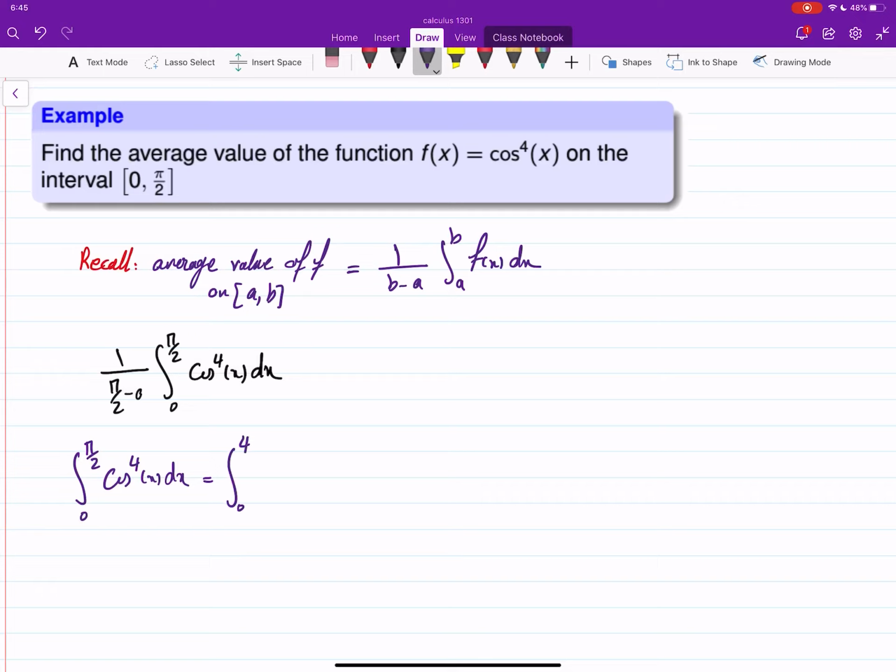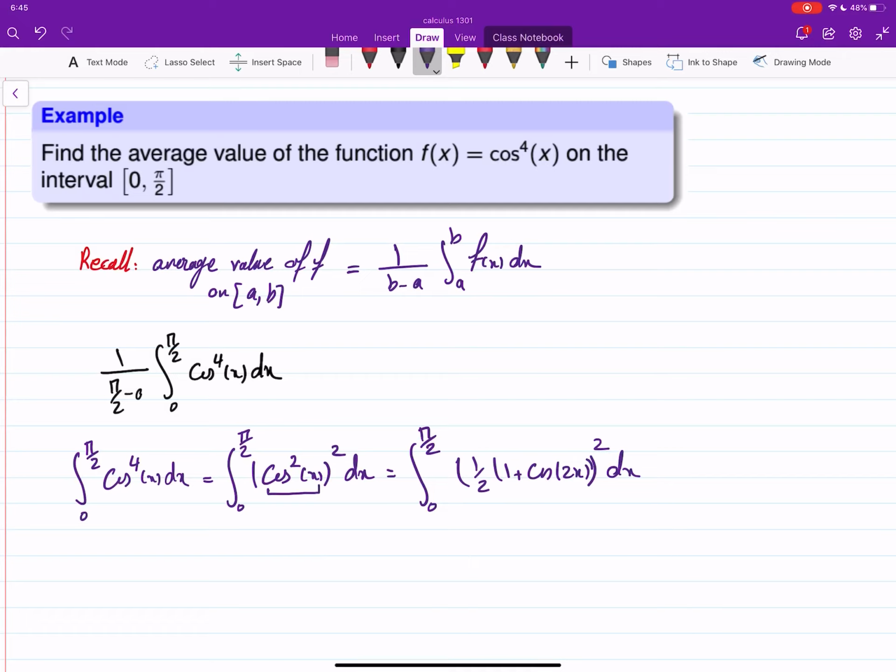So I will turn this cosine to the power 4 into cosine squared to the power 2 dx. Why square? Because I know how to change this guy to something which has lower power. This is pi over 2. Then I have to go ahead and replace that: 1 over 2, 1 plus cosine 2x, to the power 2 dx.